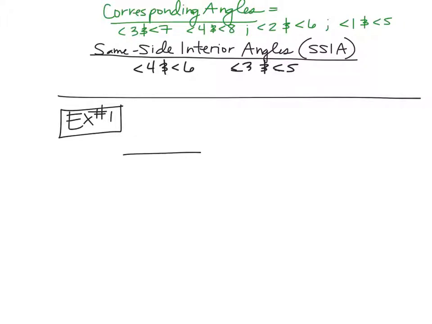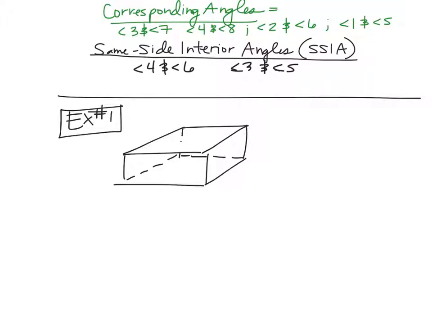Let's say we have this picture. So it's a rectangular prism. And in this picture, we have A, B, C, D, E, F, G, and H.